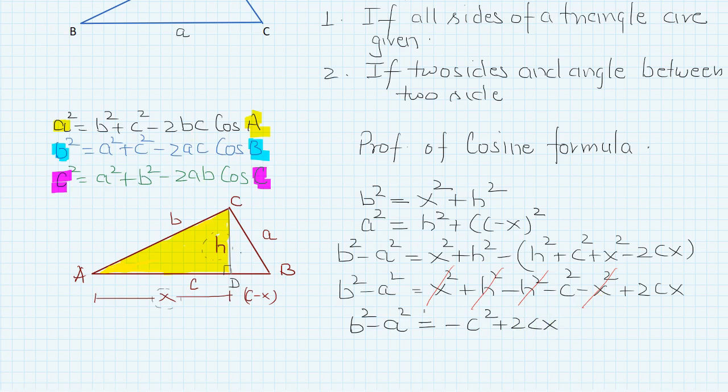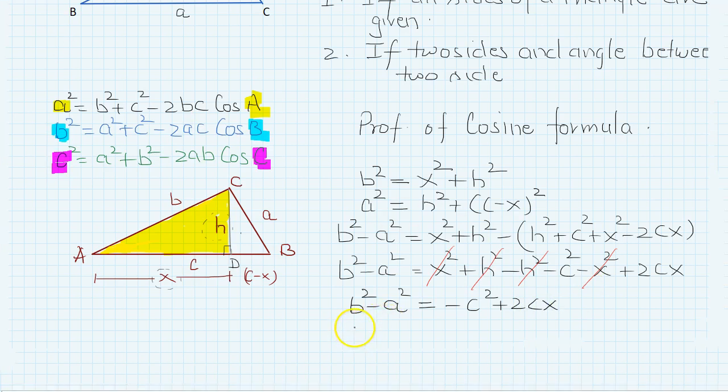plus 2cx. So now we have b square minus a square plus c square minus 2cx is equal to 0. Now we have to remove x because x was originally not there in this triangle.